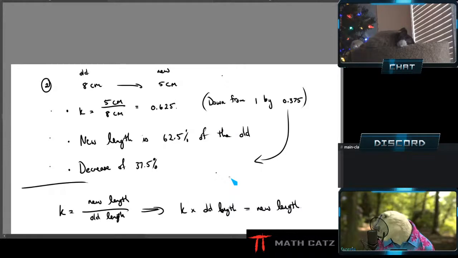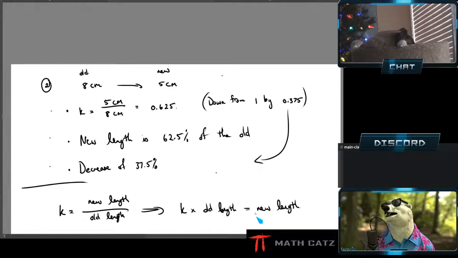So we said originally the scale factor is the new length divided by the old length. I can rewrite this equation as the scale factor times the old length gives me the new length. So there are three things that have a relationship here: the scale factor, the original length, and the new length dimension.